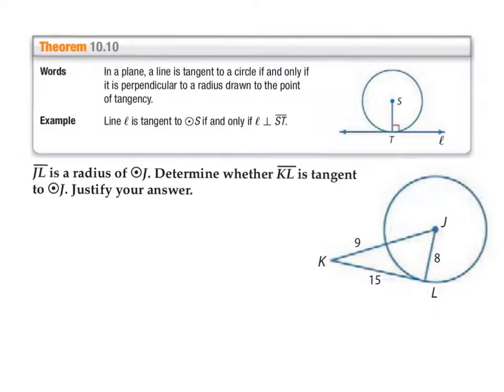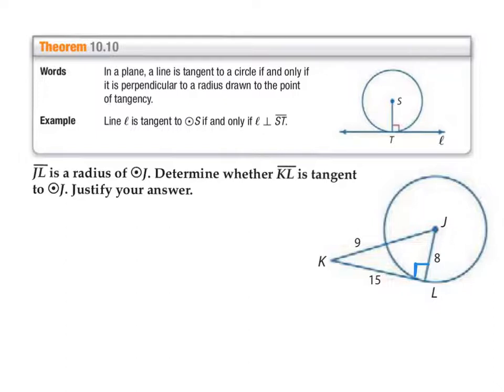In this problem, they want us to determine if KL is a tangent line. So we have KL here, and the question is, is it tangent? Is it not tangent? You can't say yes or no just by looking at the picture. You have to be able to determine for sure. Well, according to the theorem, I know that if it's perpendicular, then it has to be a tangent.